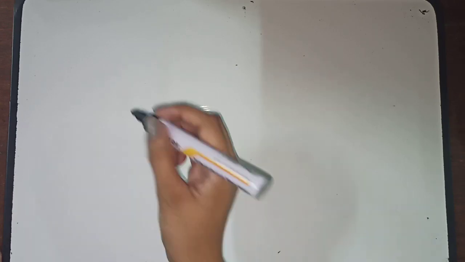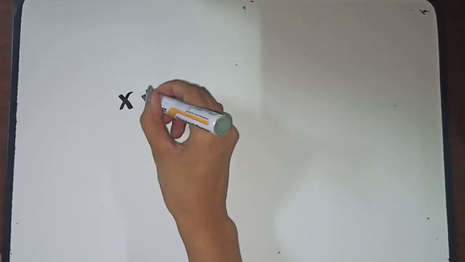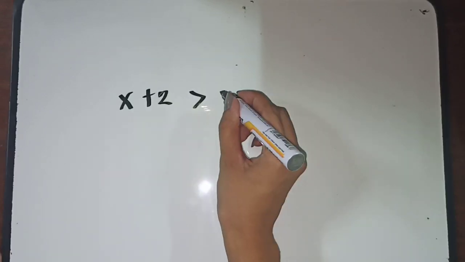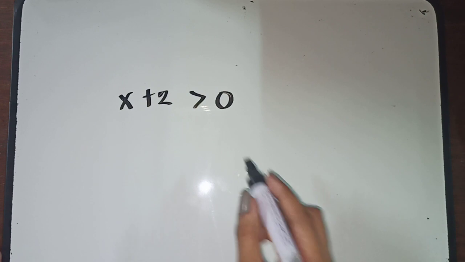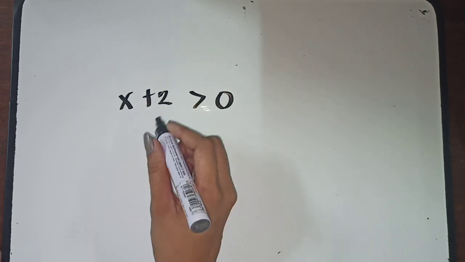So the first rule is if the same real number is added to or subtracted from both sides of an inequality, the sense of inequality is not changed. So for example, kung meron akong x plus 2 is greater than 0, we need to eliminate this 2.